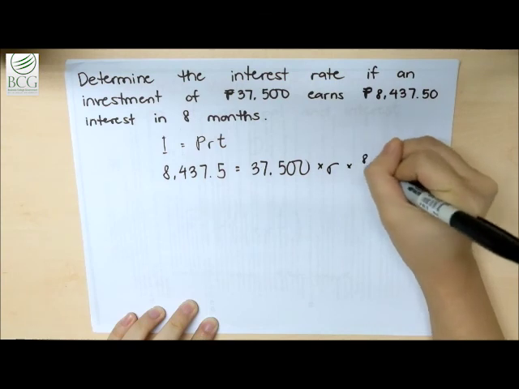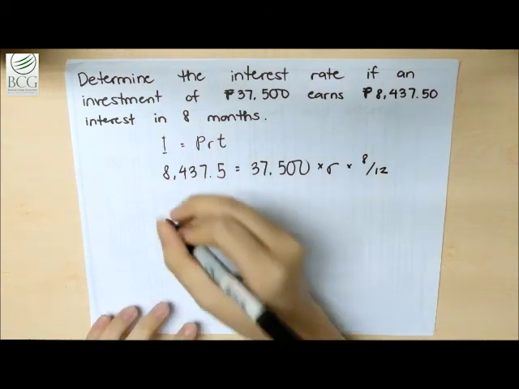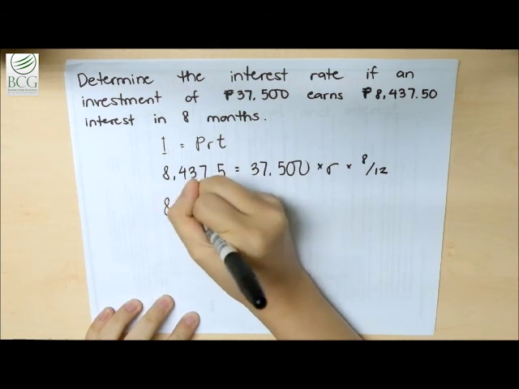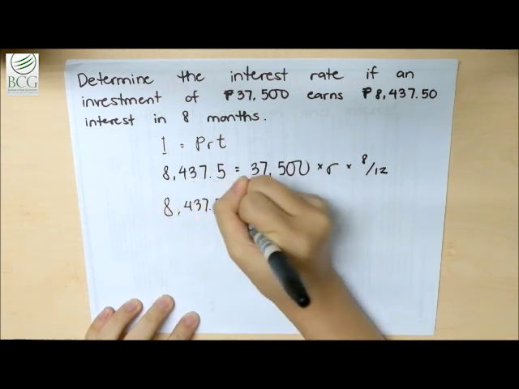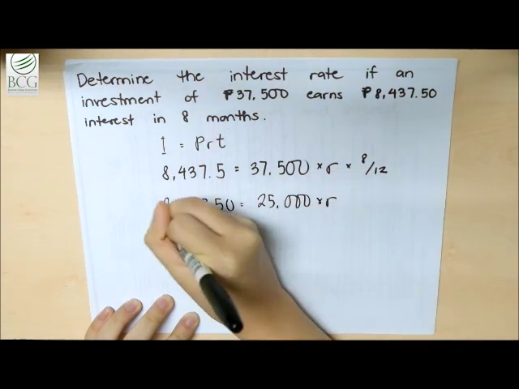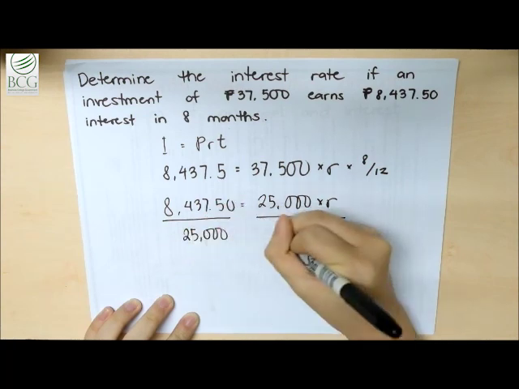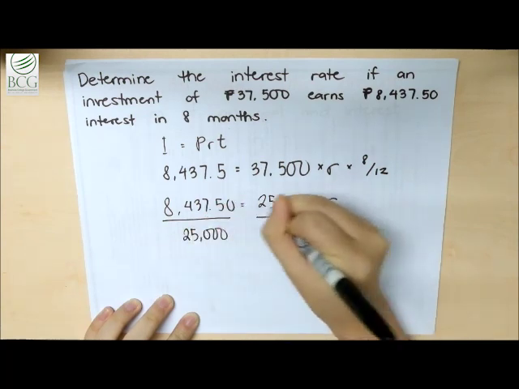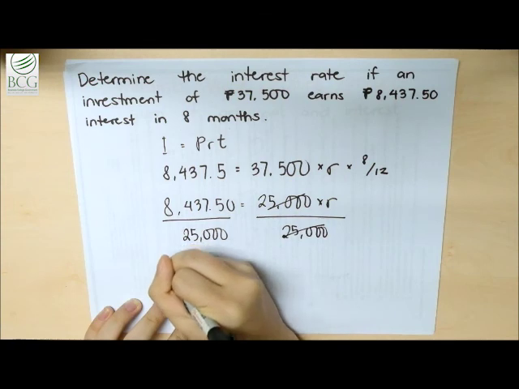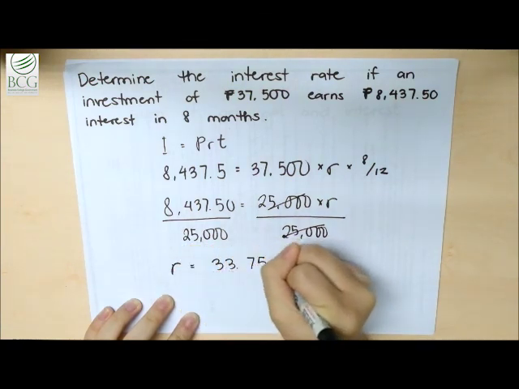And your T is 8/12. Note that the time given to us is in months, so we must convert this into years. Now we can solve for our rate. So R is equal to 33.75%.